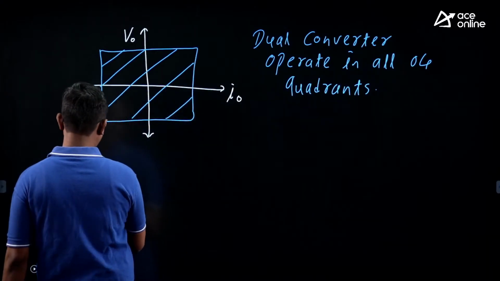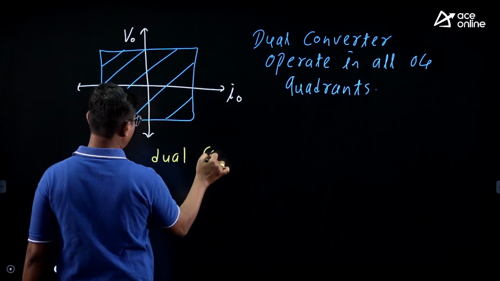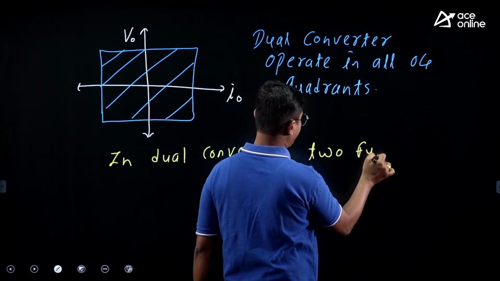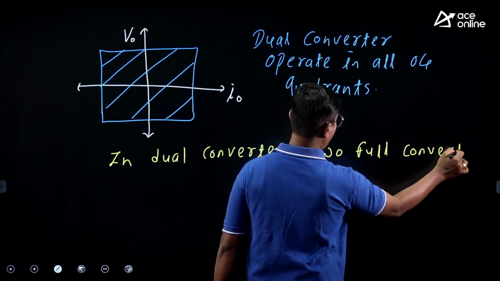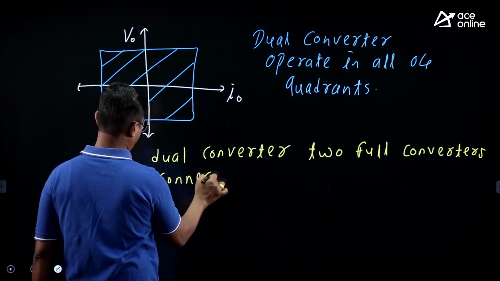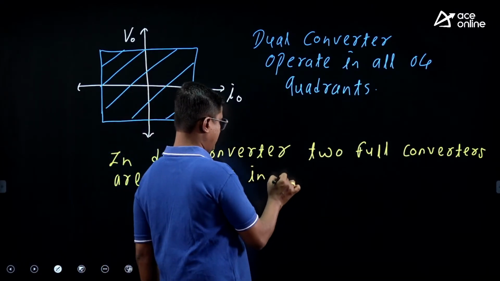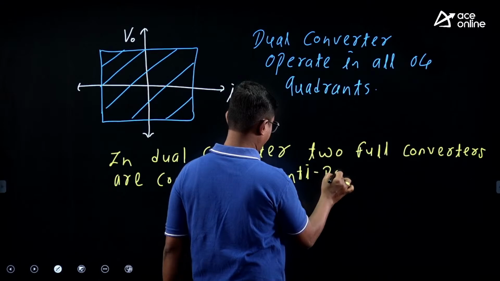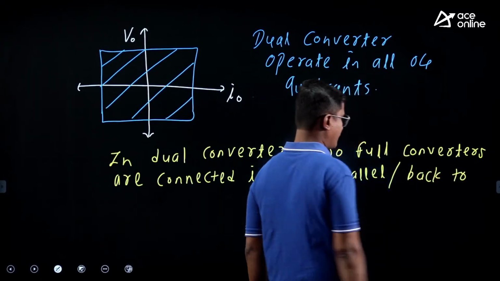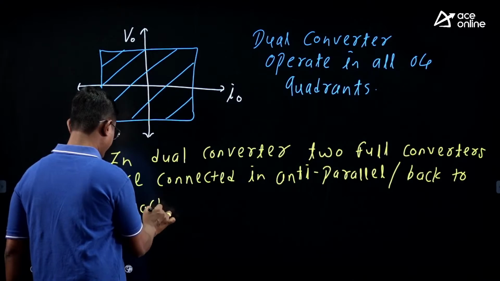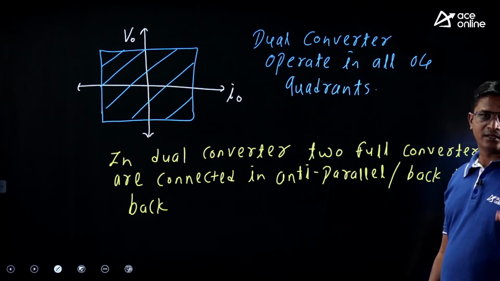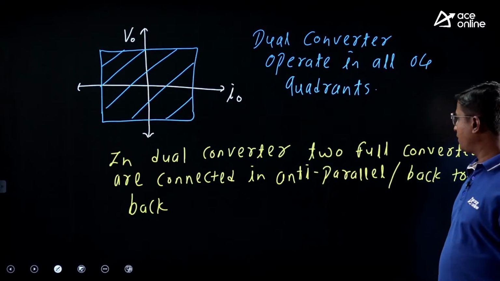In one of the examinations, they asked a question on this statement: in dual converter, two full converters are connected in series, parallel, anti-parallel, etc. The answer is anti-parallel, or you can say the back-to-back connection.